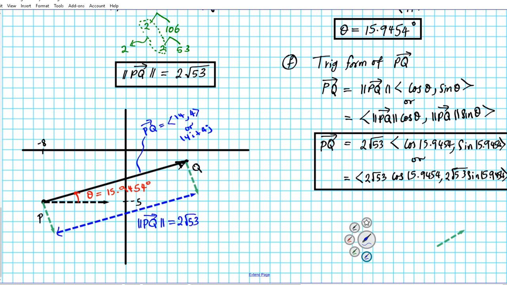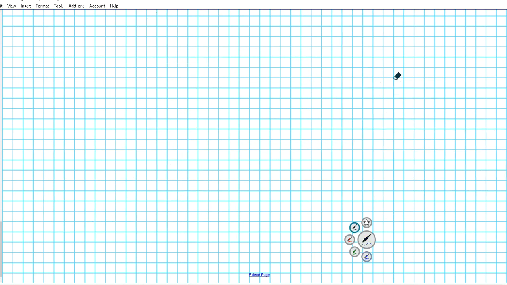So this is basically how you write a vector in multiple forms, how to find the magnitude, the direction, and the graph. Now you're going to have an opportunity to demonstrate your mastery of what we just covered in the example. So let's go ahead and try these problems out.